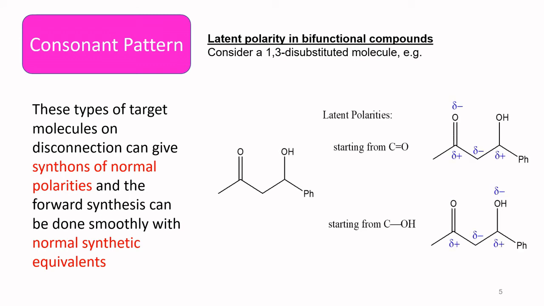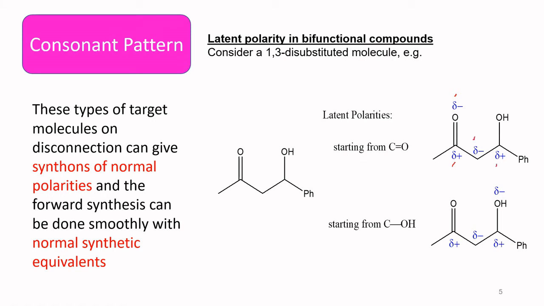Okay, you see, when we start from C double bond O, normally we will start with a molecule with the oxygen atom. In this case, we start with oxygen, so the first one is minus, and then plus, and then minus, and then plus.